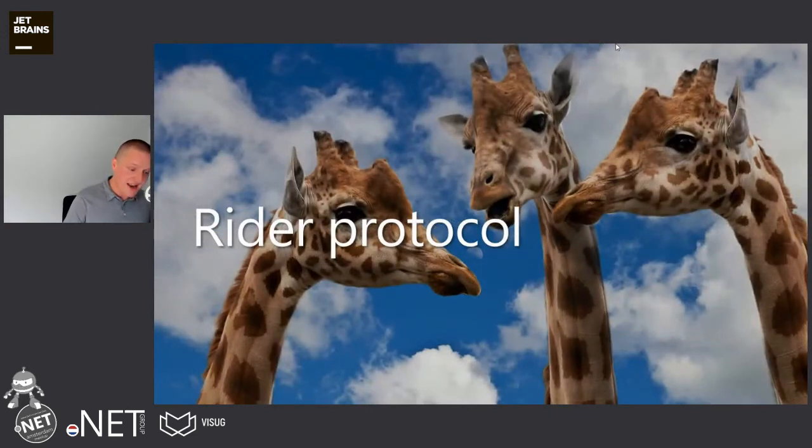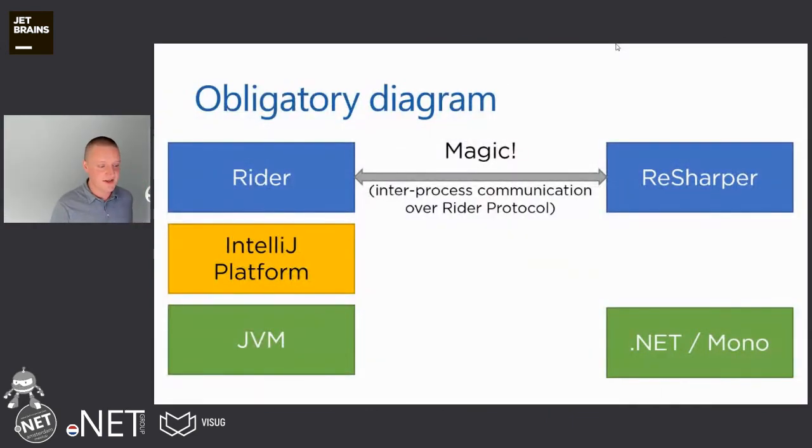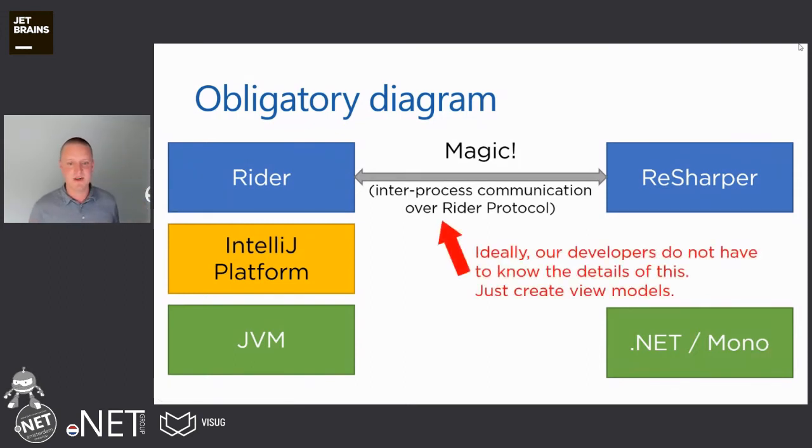Right, let's talk about the actual protocol. The protocol itself would be something that communicates between the IntelliJ platform and ReSharper. And we decided that our diagram or our architecture would pretty much have to be something like this, where all of that communication would be magic. Ideally, none of our developers would have to know the details of the fact that there's this protocol in between.